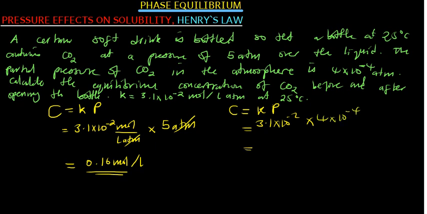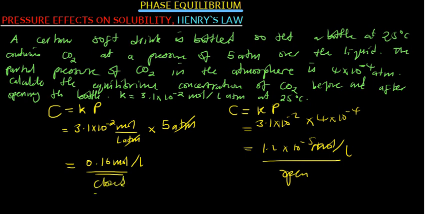This gives us 1.2 times 10 to the power negative 5 mole per liter. This is the concentration of carbon dioxide after the bottle is open, and the earlier one is when the bottle is closed. So you use the pressure for the internal carbon dioxide, and this is for the external carbon dioxide.